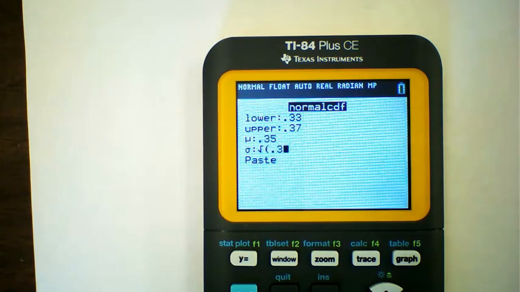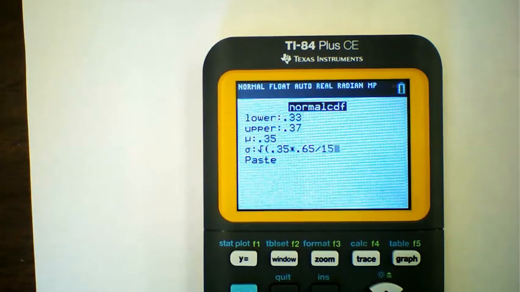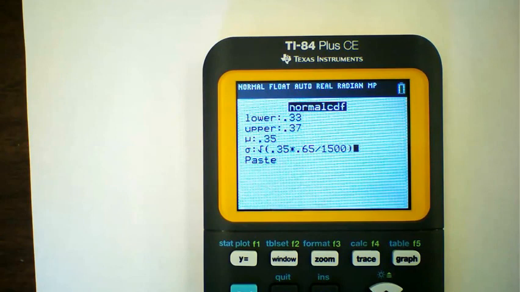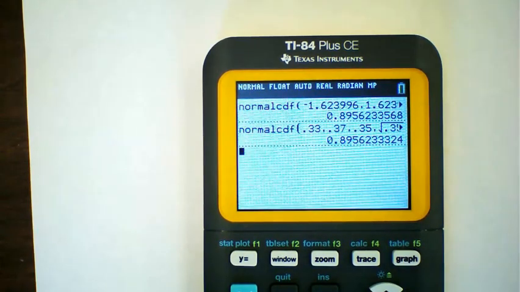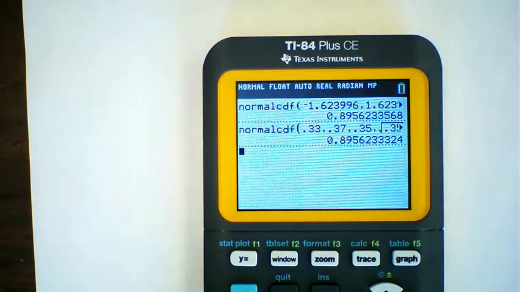So 0.35 times 0.65 divided by 1500, close my parenthesis, and go down and paste that, and it's going to come out exactly the same. So there's the probability of that happening. If you're using z numbers, you're using z mean and probability.